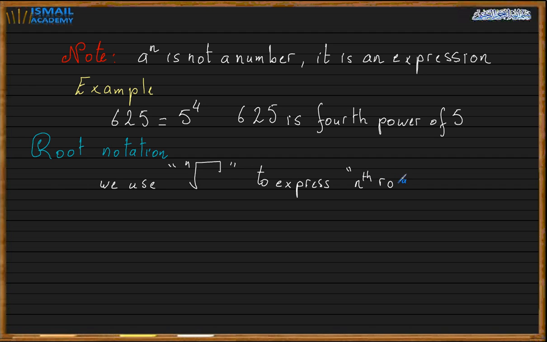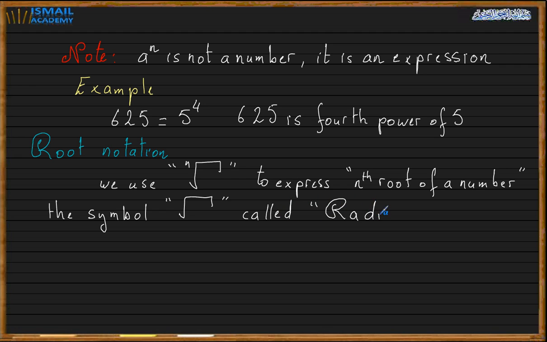The symbol by itself, without any number, is called the radical sign. And with a number, it becomes the nth root of that number.